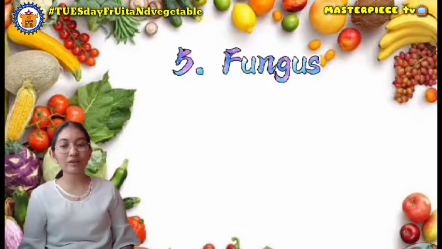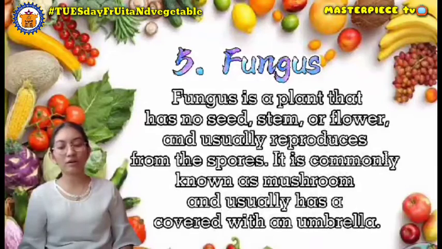For the fifth category, we have here fungus. Although not a real vegetable, fungus is a plant that has no seed, stem, or flower and usually reproduces from spores. It is commonly known as mushrooms and usually has a stalk covered with an umbrella.